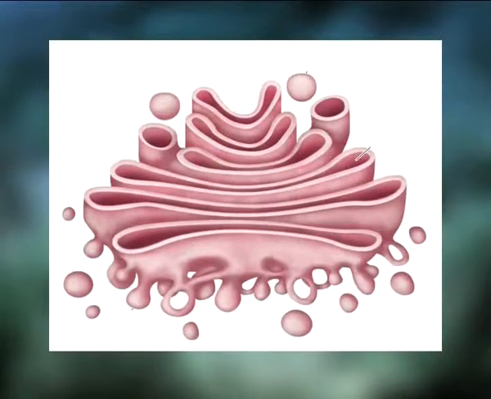Now, the cisternal maturation model. The cisternae of the Golgi apparatus move by being built at the cis phase and destroyed at the trans phase. Vesicles from the endoplasmic reticulum fuse with each other to form a cisterna at the cis phase.